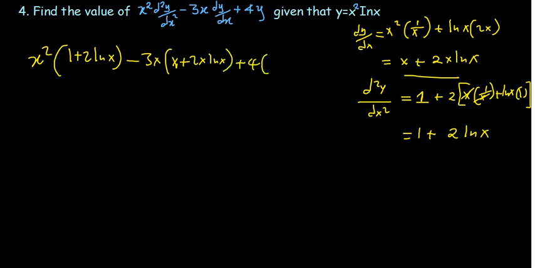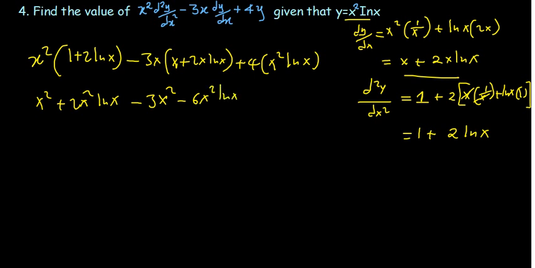Where there is y we are putting this one, which is x squared natural log of x. We can distribute now. This is going to give us x squared plus 2x squared natural log of x minus 3x squared minus 6x squared natural log of x, and then plus 4x squared natural log of x.